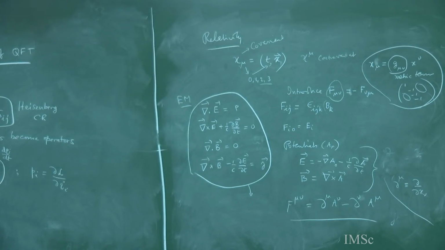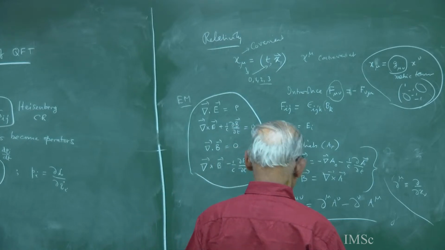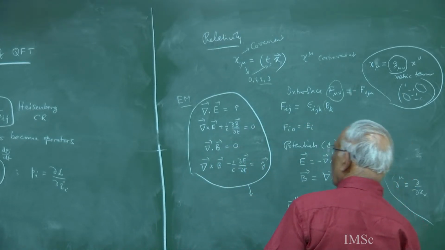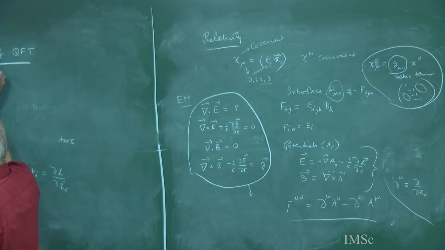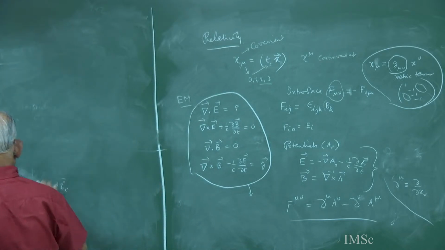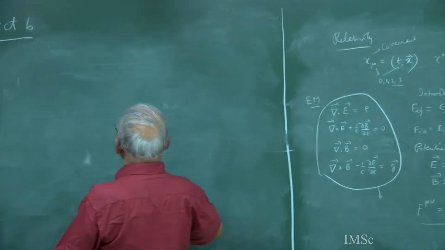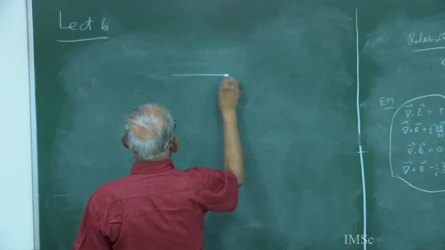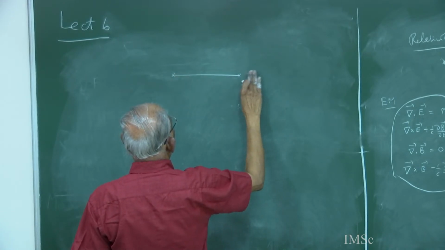So remember the tenfold multiplet. Just go back in your mind to the tenfold multiplet. What was it called? Delta.